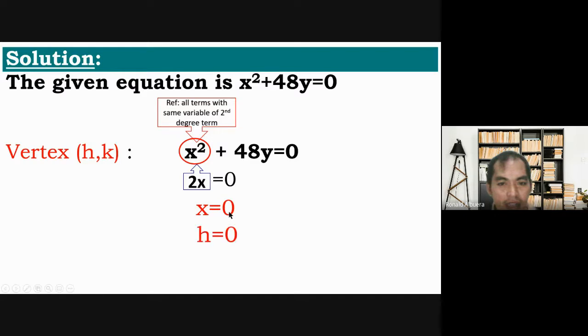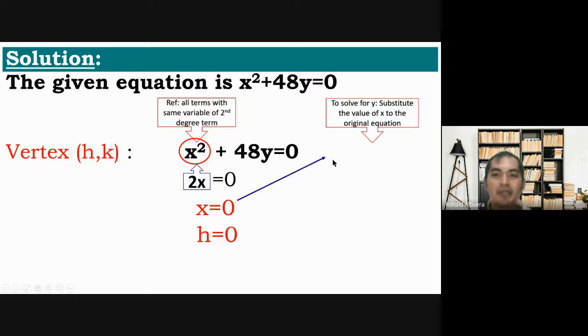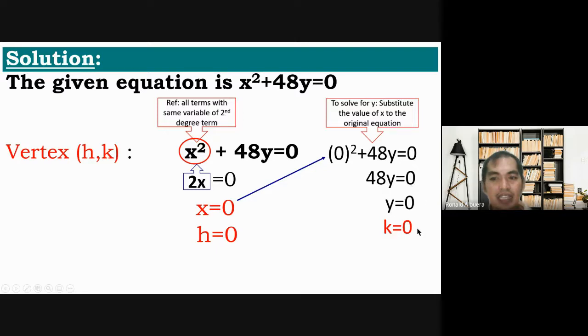Or, substitute itong 0 to the original equation. So, substitute natin dito sa x squared plus 48y and solve for y. Yun ang technique. So, magiging 0 squared plus 48y equals 0. Then, 0 squared is 0. So, meaning 48y equals 0. Solve for y, divide both sides by 48. So, y equals 0. That is why k is equal to 0.